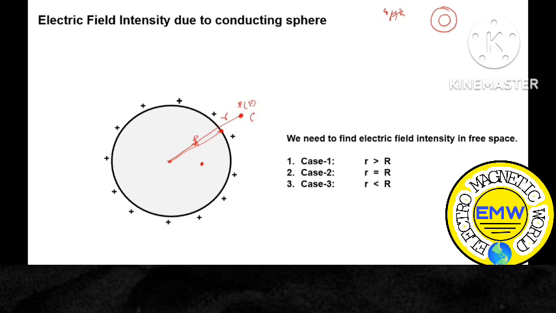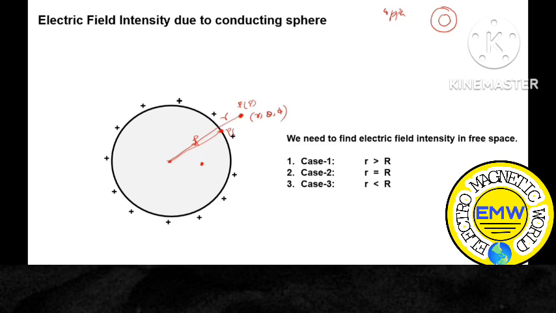Maybe this point of interest is over the line, that means r is equal to the capital R, or maybe the point of interest is inside the sphere, then r is less than the capital R. Is that clear? If such a case comes in the paper to find the electrical field intensity due to the conducting sphere, then you have to discuss these three cases.